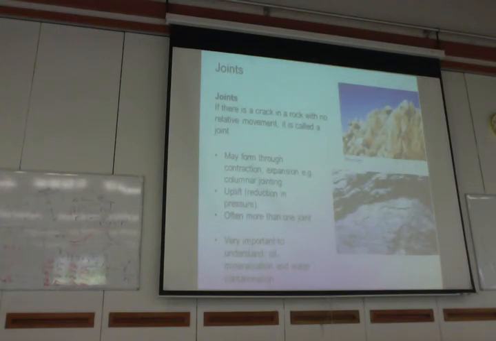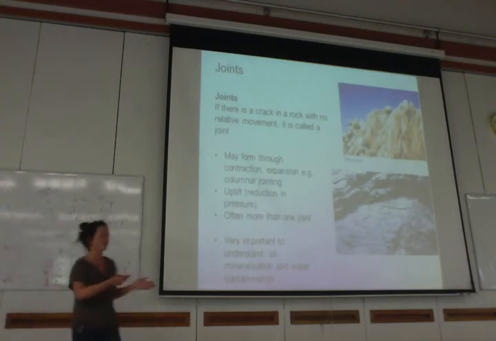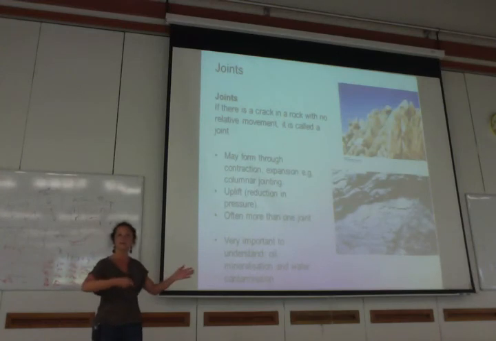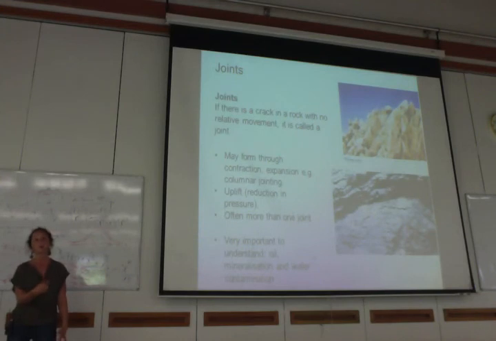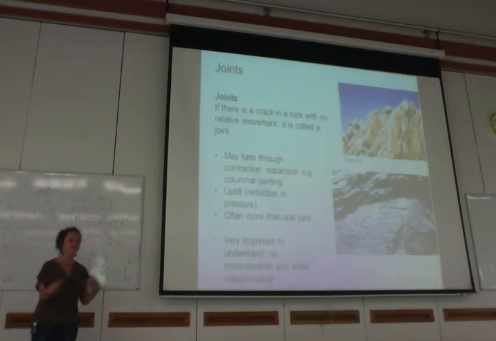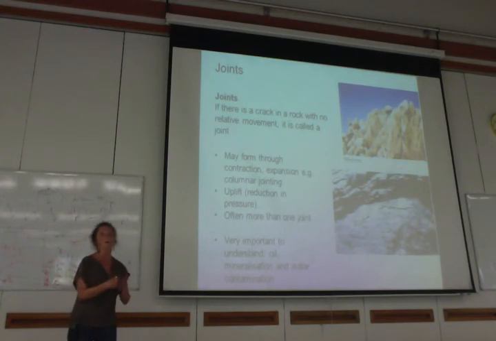So just to finish off, I talked about cracks in the earth where there was movement either side, so that's a fault. You can actually get brittle deformation where you produce cracks but there's no movement either side. We call them joints. Now these are a bit more complicated because they can form in very, very different scenarios. They can form under compression or tension, like in a tectonic environment.